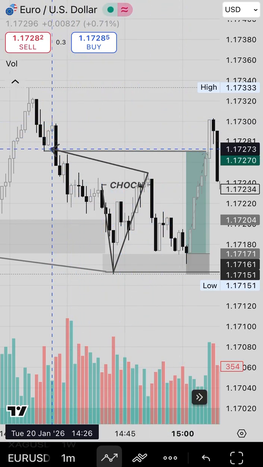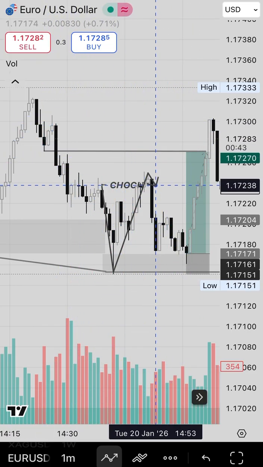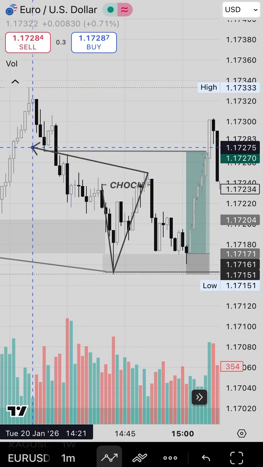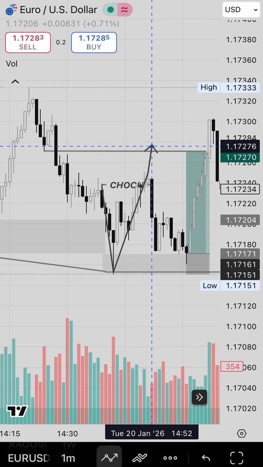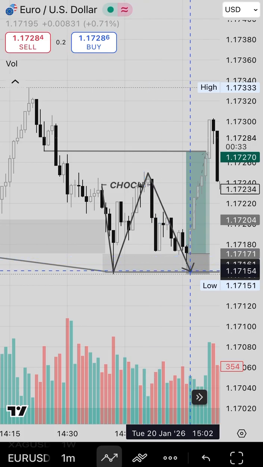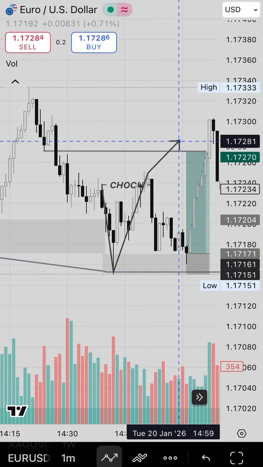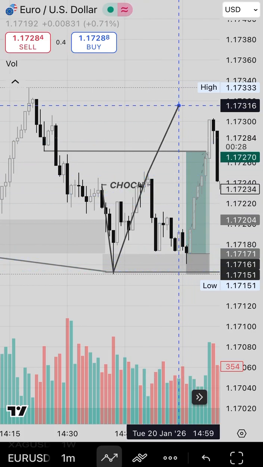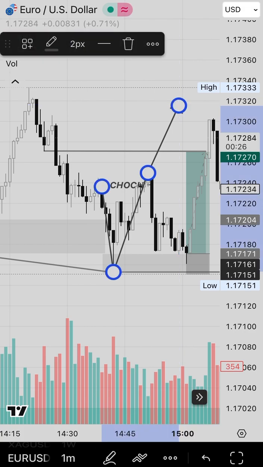That's why I use this place as my take profit. You can also use this high as a take profit, but I prefer using this one on this trade. So this is how the market came in, tapped in immediately and gave us a massive buy. This is a win-win.